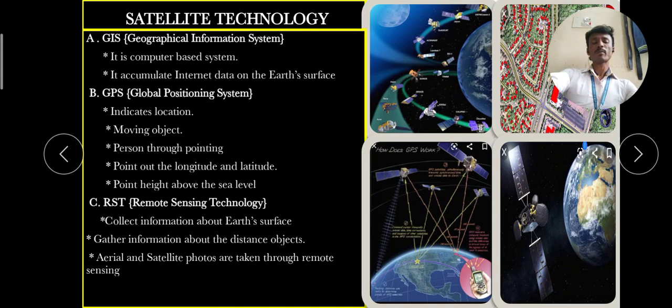Taking photos from aircraft is possible through the RST, remote sensing technology. So here satellite technology plays a very important role. So these three are based on the satellite technology: GIS, geographical information system, and GPS, global positioning system, and RST, remote sensing technology. So all these play a very important role.